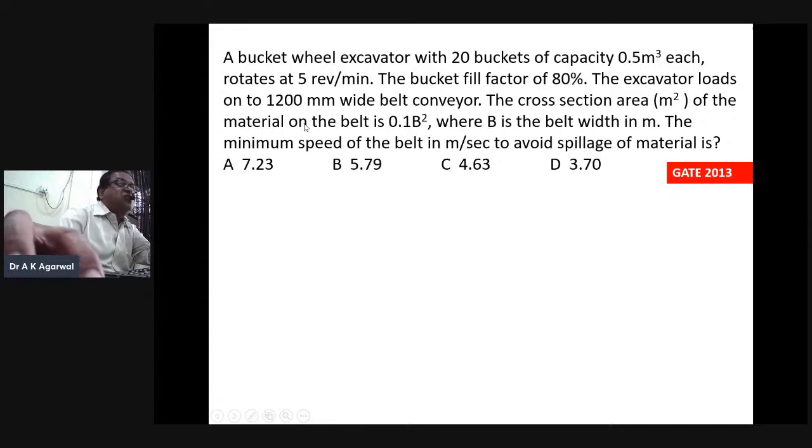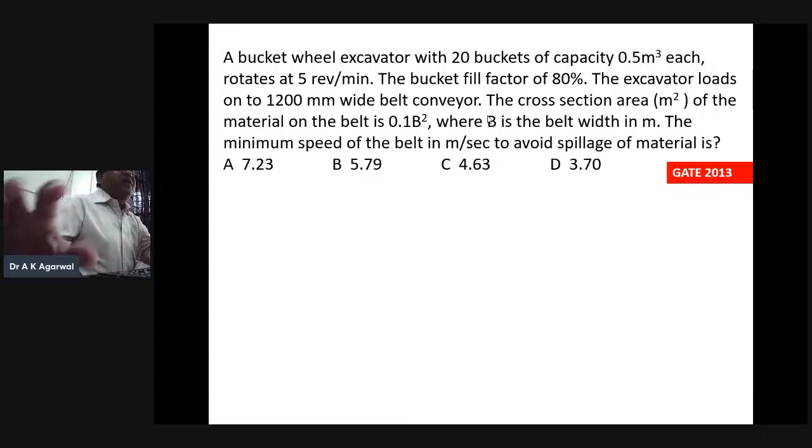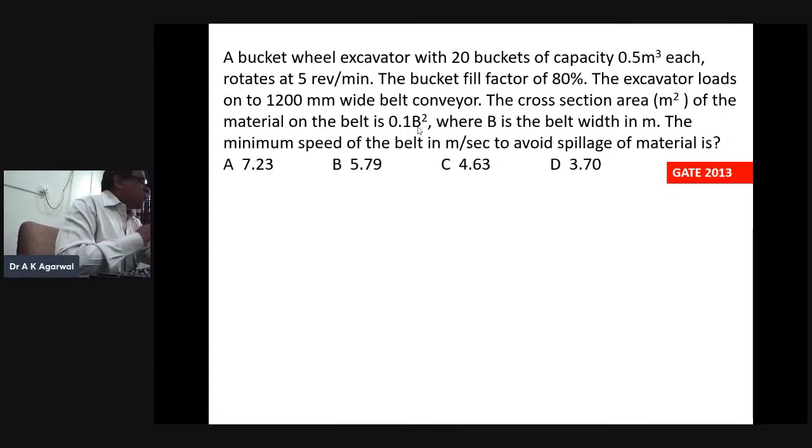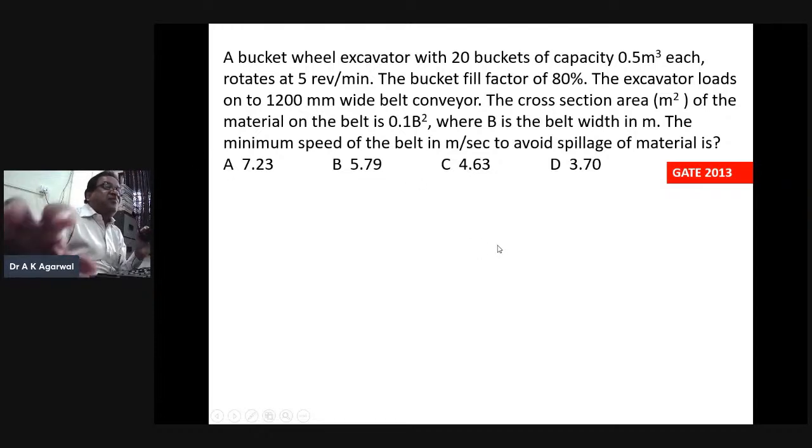The excavator loads onto a 1200 millimeter wide belt conveyor, which is 1.2 meter wide. The cross section area in meter square of the material on the belt is 0.1 B square, where B is the belt width in meter. When material is loaded on the belt conveyor, it occupies some cross sectional area. The minimum speed of the belt in meter per second to avoid spillage of the material is what will be the speed of the belt.